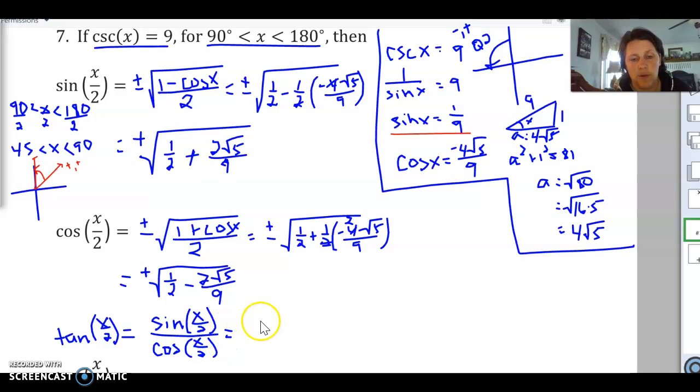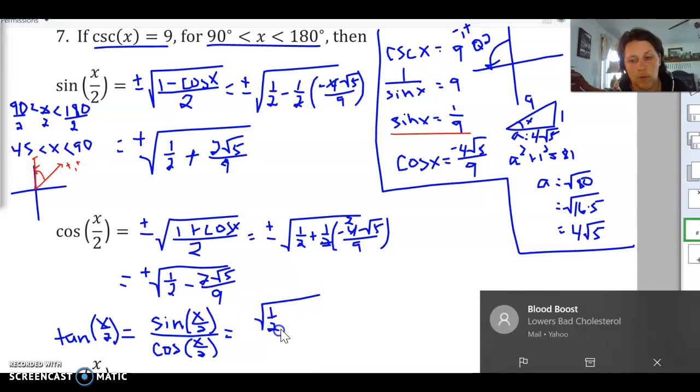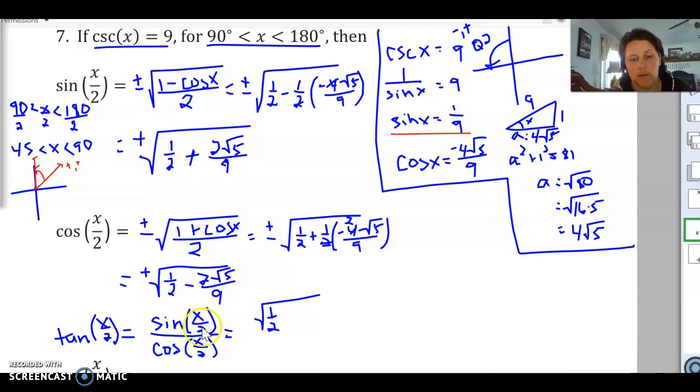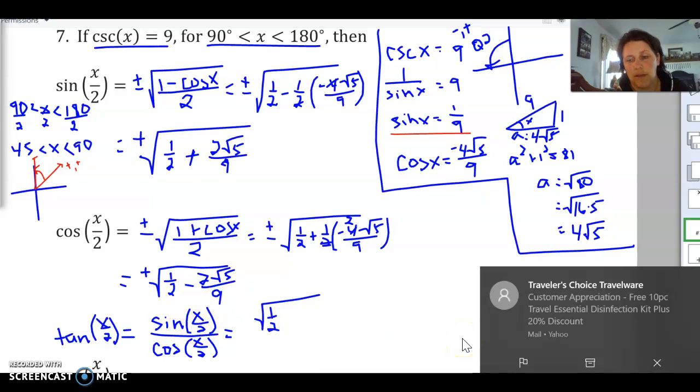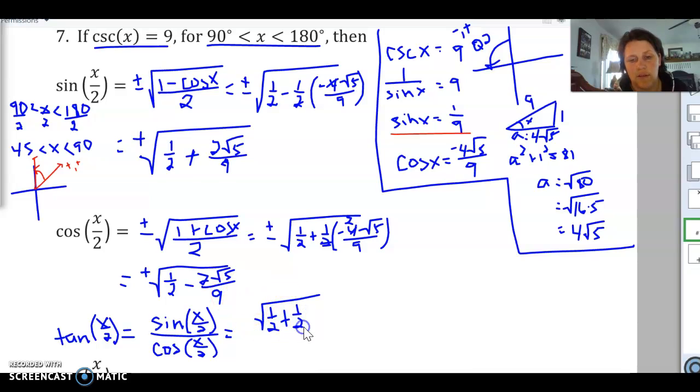Then we already found sine. That was the positive square root of 1/2 plus 2 square root of 5 over 9, all over what we get for cosine, which is the square root of 1/2 minus 2 root 5 over 9.